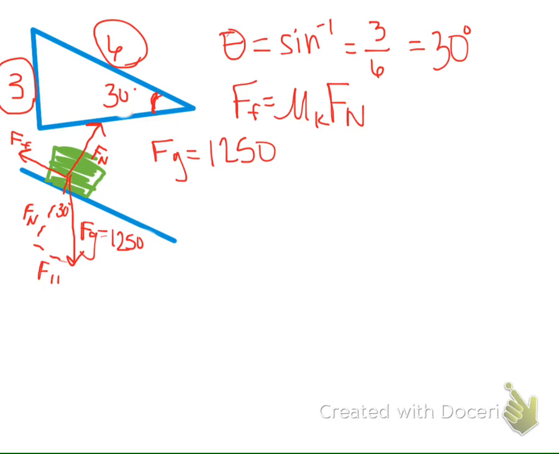We have to solve for parallel, we have to solve for normal, and we'll use those to solve for the coefficient. So let's solve for parallel first. 1250 times what? Sine of 30. 1250 times sine of 30. Okay?